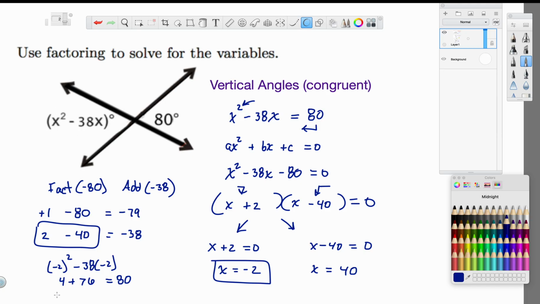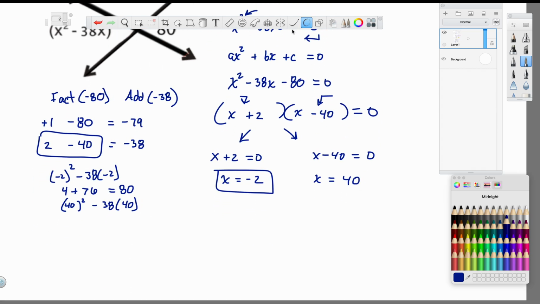If I put 40 in, I get 40 squared minus 38 times 40. Okay, 40 squared is 1600. Right, 4 squared is 16, and then I have two zeros.